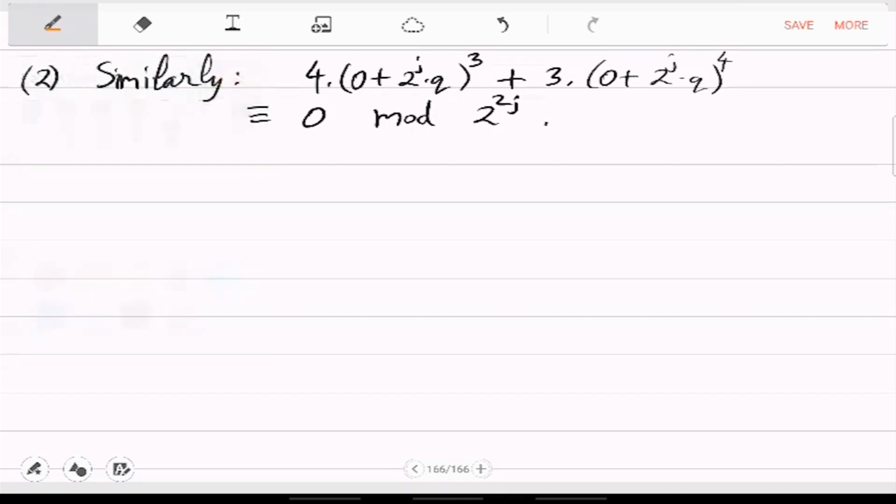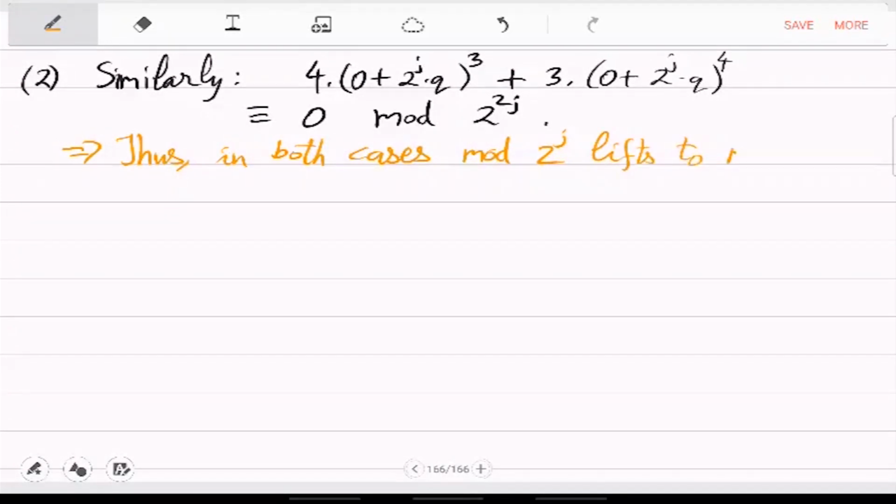And from this we learn, thus in both cases mod 2 raised to j lifts to mod 2 raised to 2j.